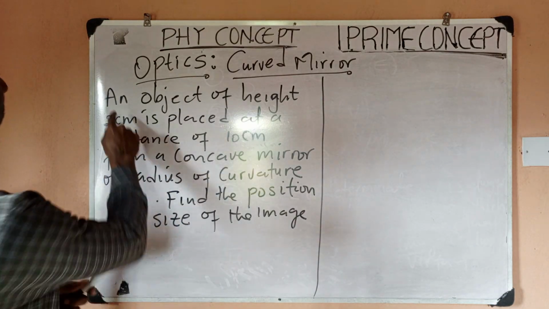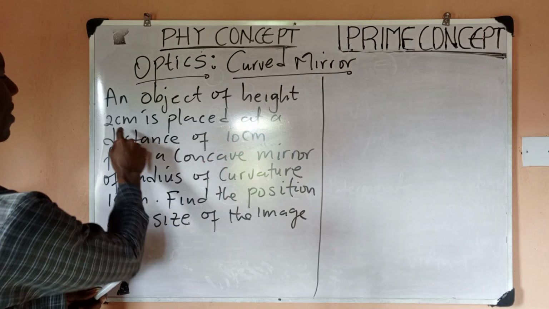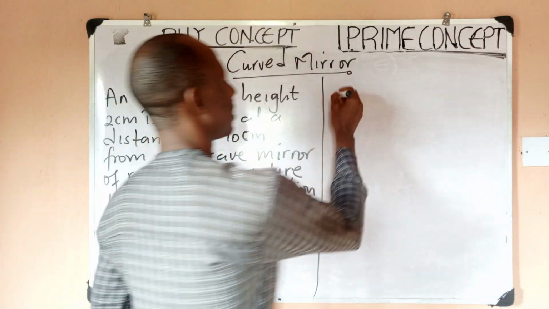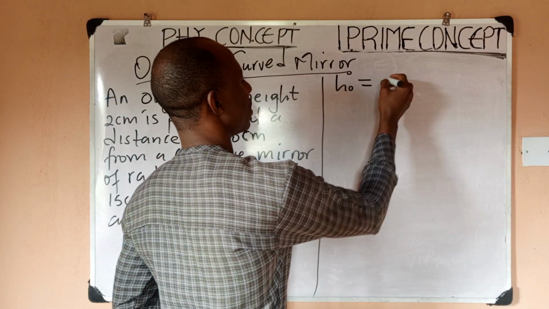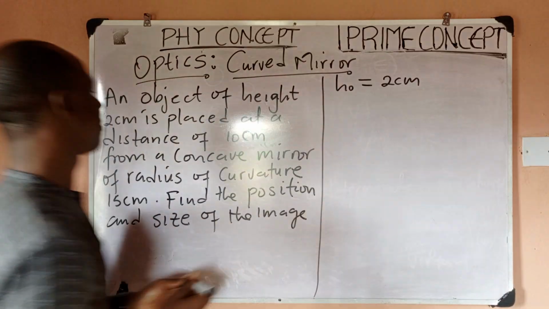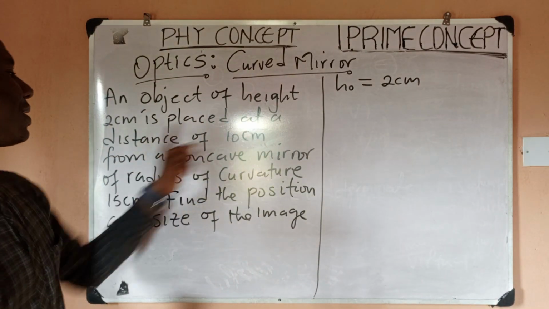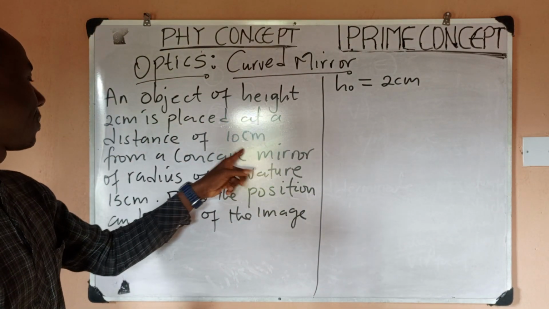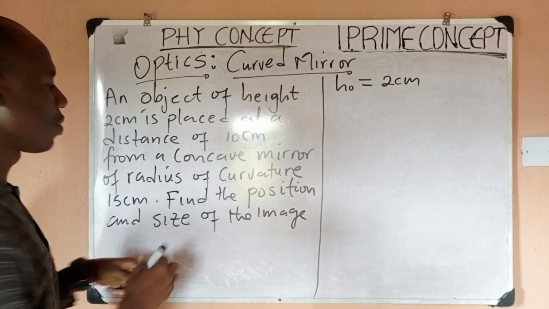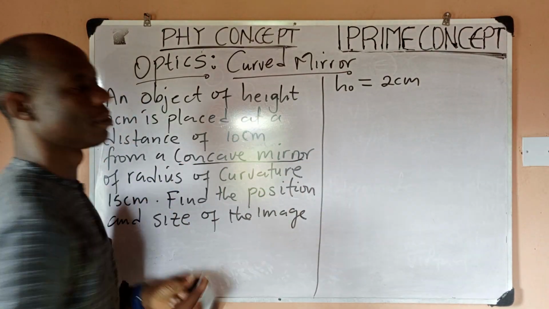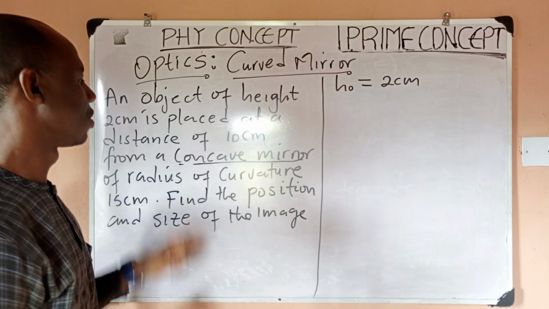Now we have an object of height 2 cm. So the height of our object HO is 2 cm, placed at a distance of 10 cm from a concave mirror. So we are dealing with a concave mirror, a point worth noting.